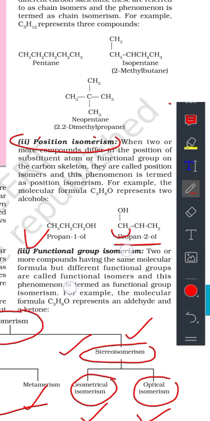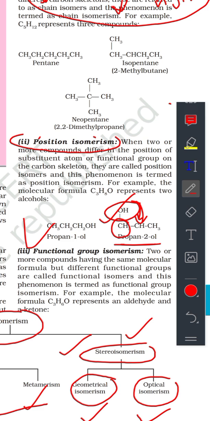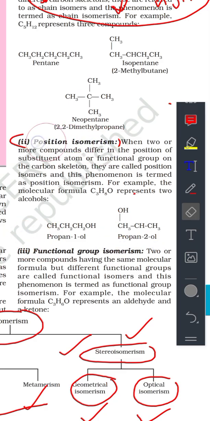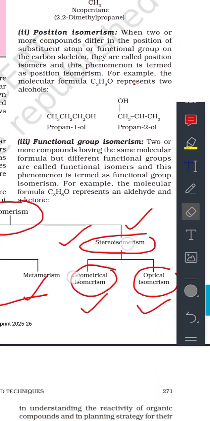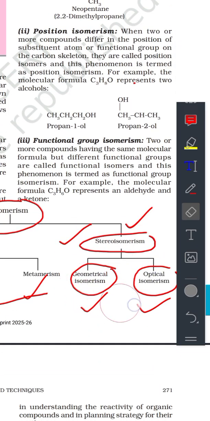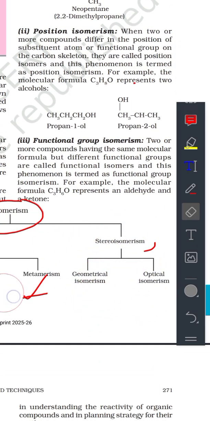Let us see what is functional group isomerism. Previously, when we started this video, we discussed ethanol and dimethyl ether. Let us write that. Functional group isomerism: here what is given is C3H6O.